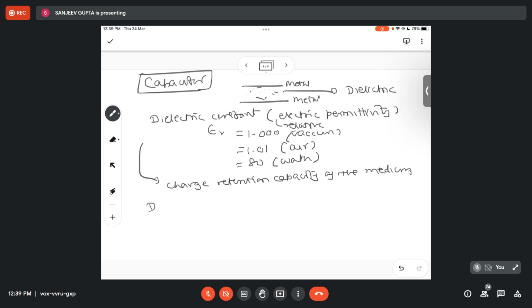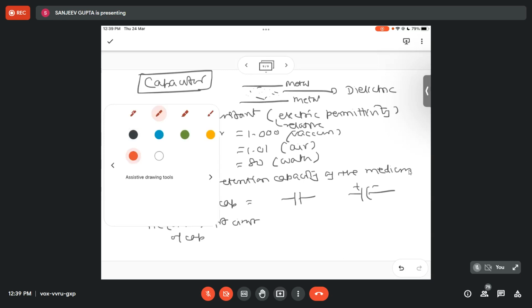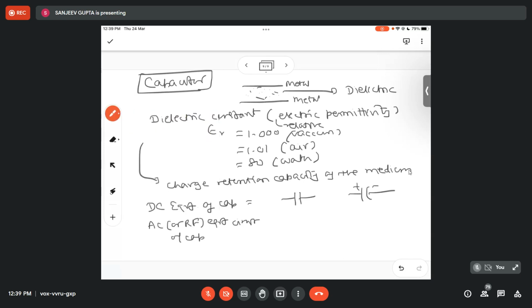Now, we all know the DC equivalent circuit of a capacitor is simply defined like this, or if it is polar, with a plus and minus. So this is my DC equivalent circuit of the capacitor. Now, what is my AC or RF equivalent circuit of a capacitor? This is my nominal value of capacitor.